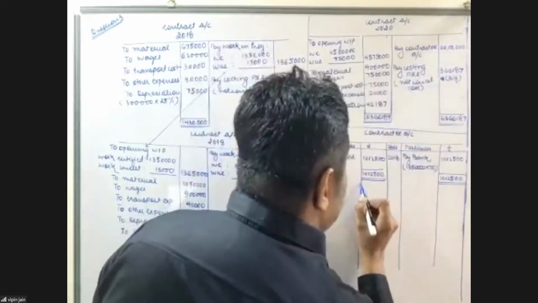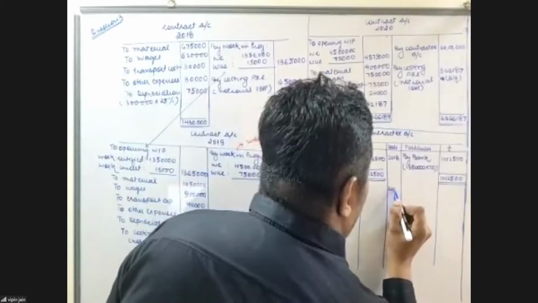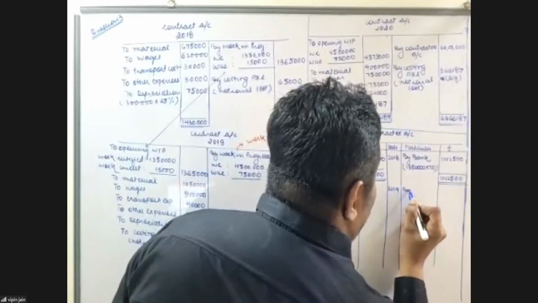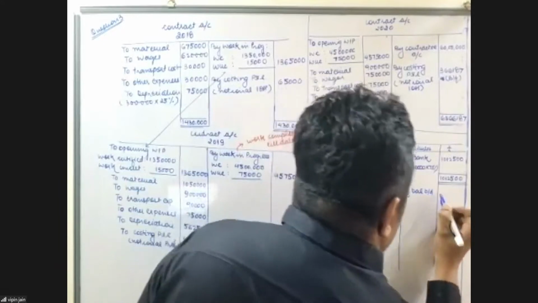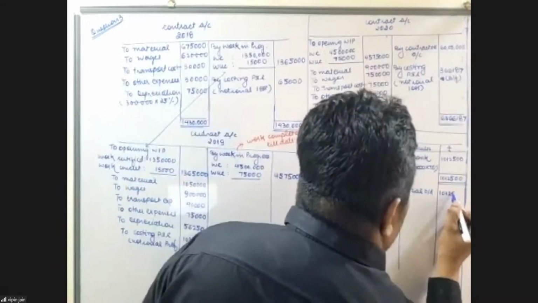So in the year 2019, my opening balance will be by balance brought down, 10,12,500.